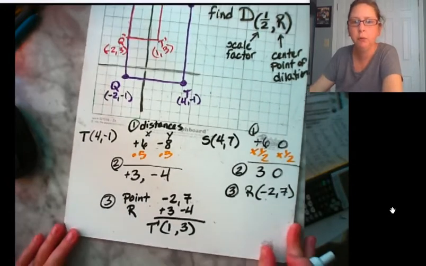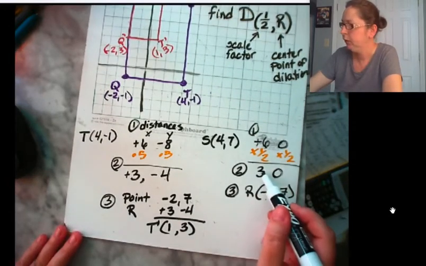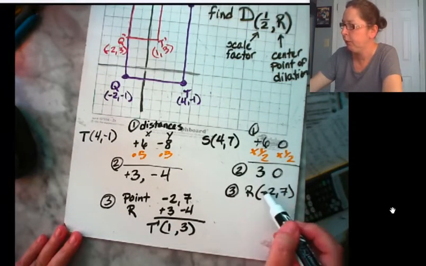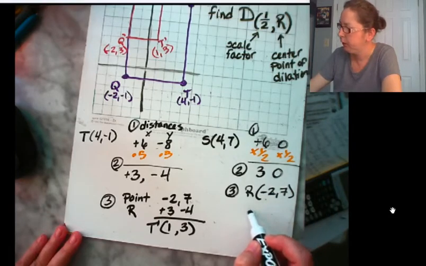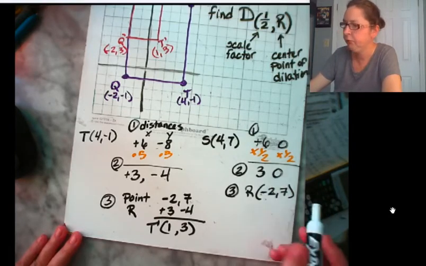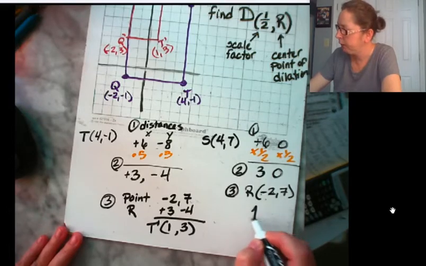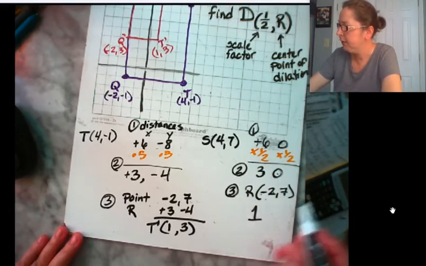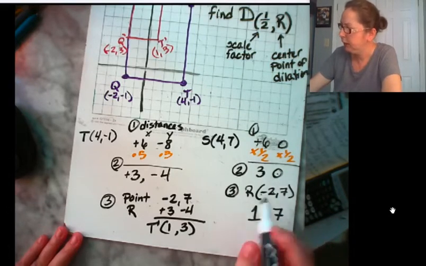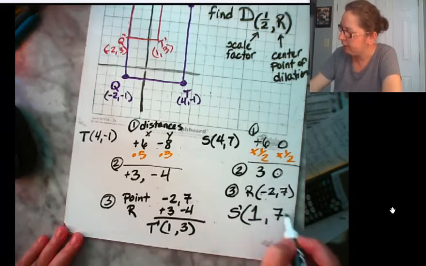And so I am going to do these adjustments. 3 plus negative 2 is 1. 0 plus 7 is 7. And this will be point S.